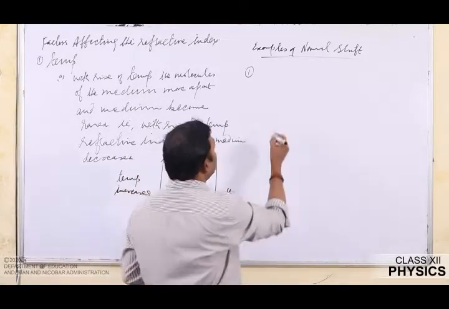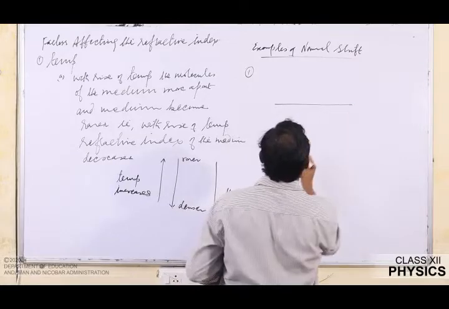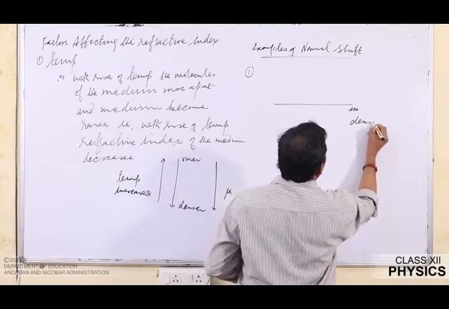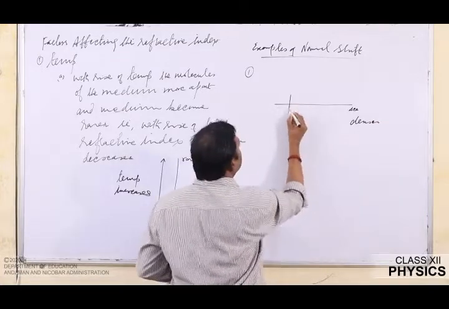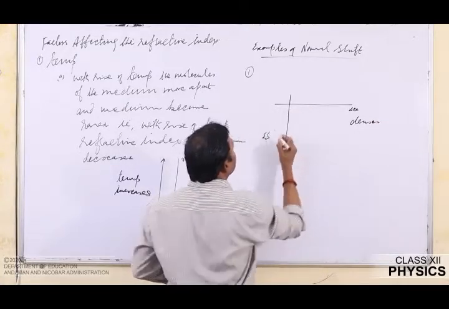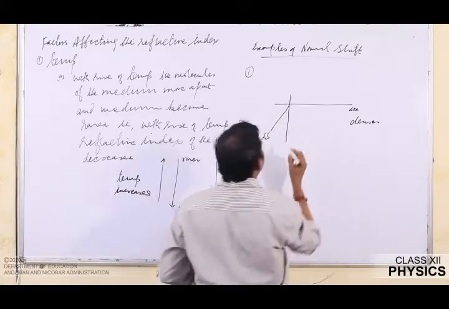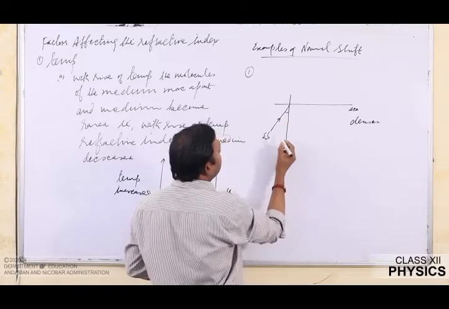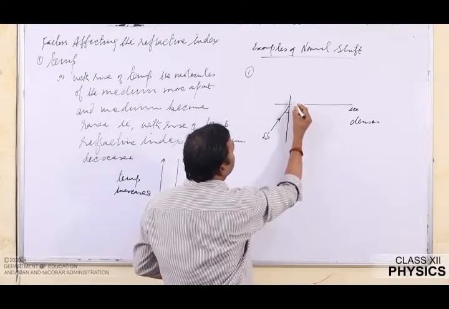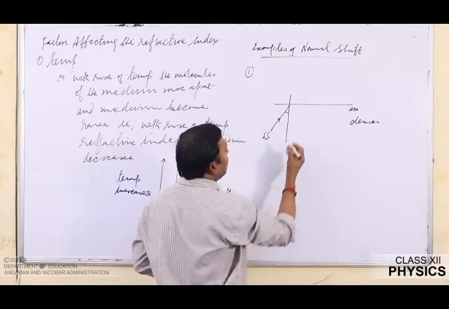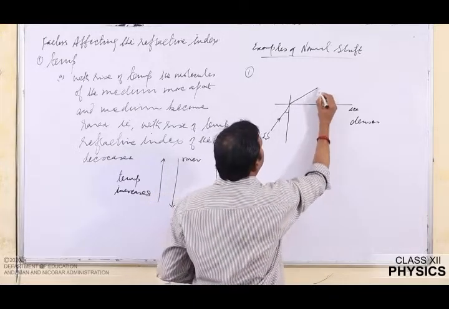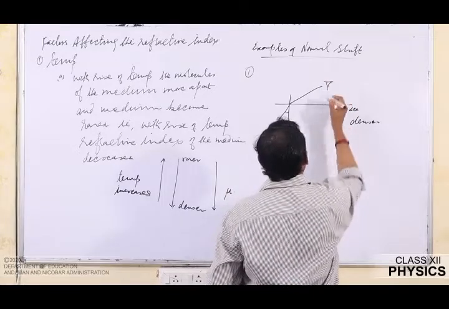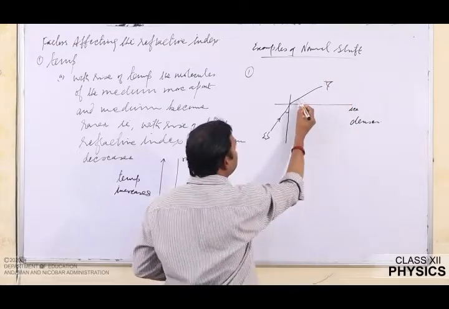Let us see that. Suppose the sea is the denser medium, and suppose some corals are there. If these corals are viewed by a person in the rarer medium, the beam which arises from the object in the denser medium moves away from the normal as it enters into the rarer medium. So it will go like that. Suppose the eye of the person has the line of sight somewhere like this.